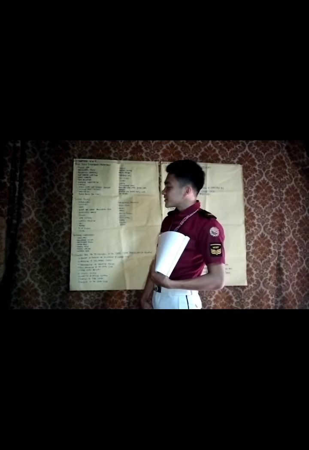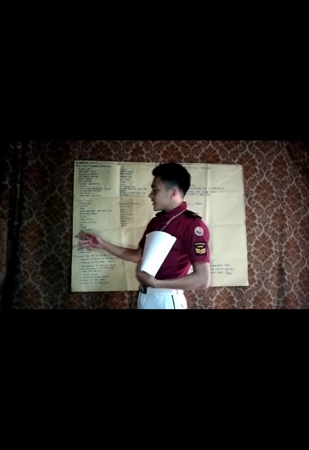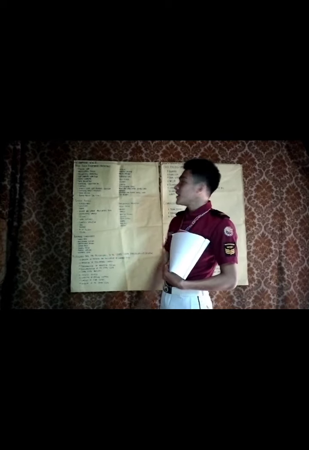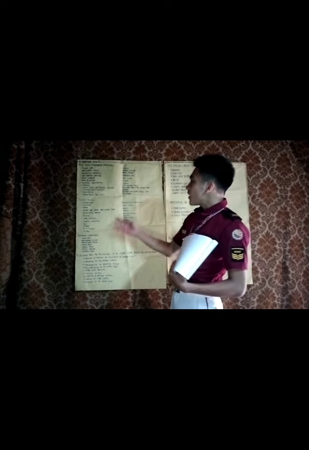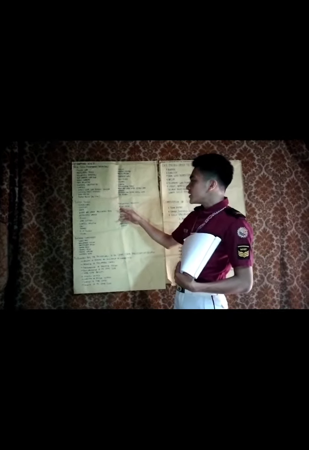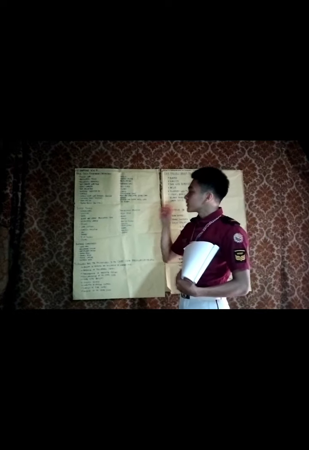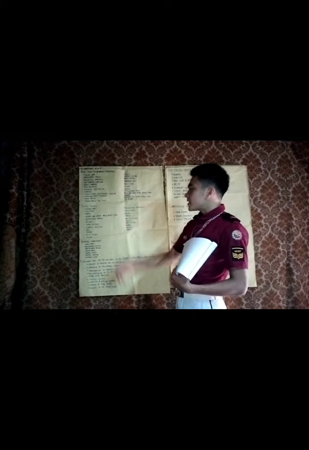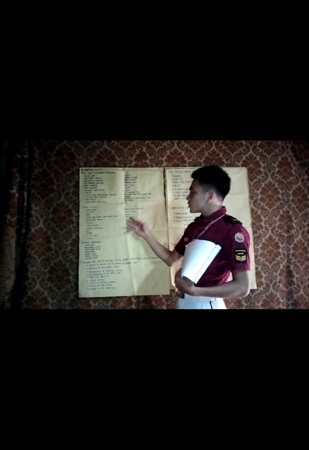And next is the axe or hatchet. Next is the shovel, and also we have the fingerprint magnifier. Next is the nylon brush. Next is the magnet. Next tool is the spatula.